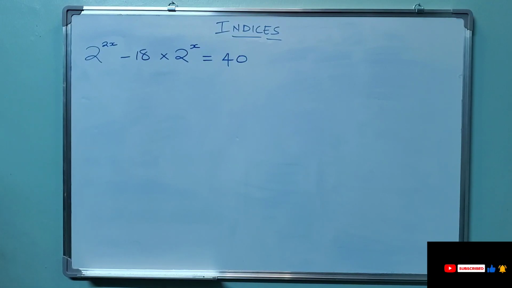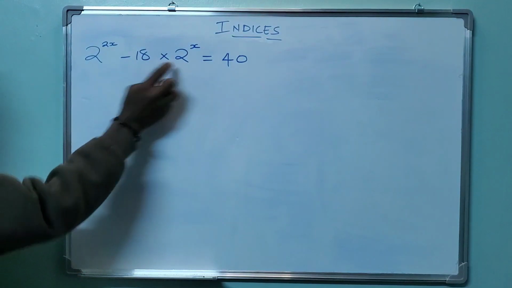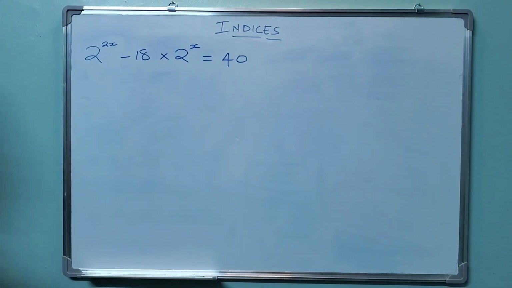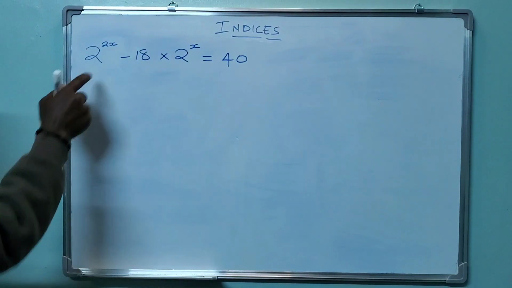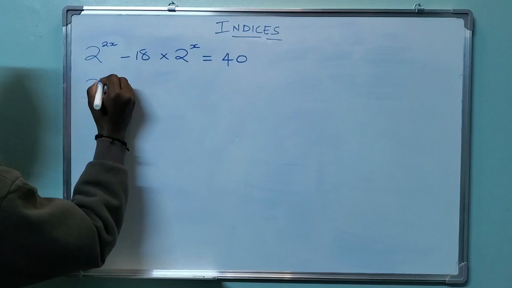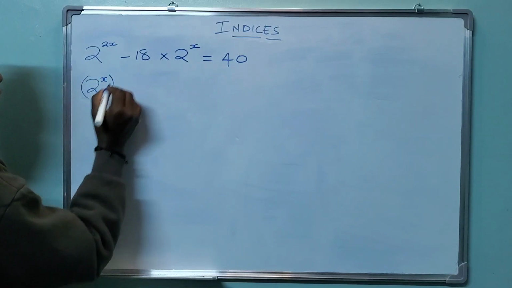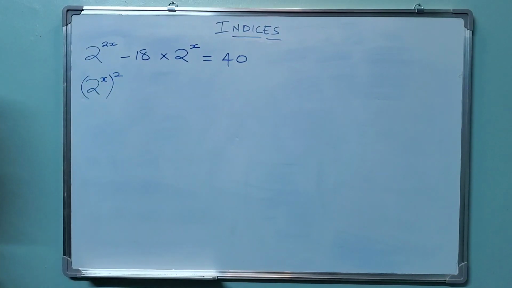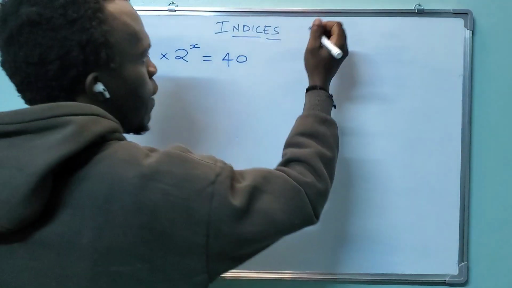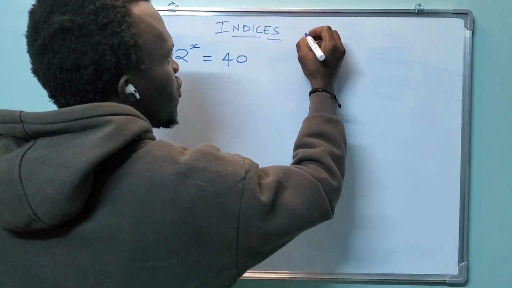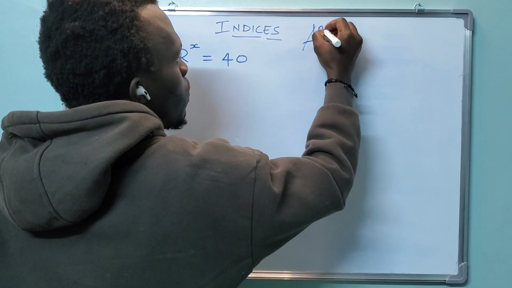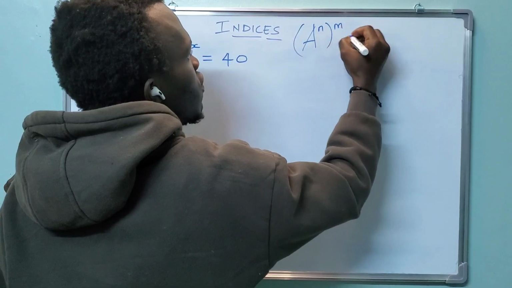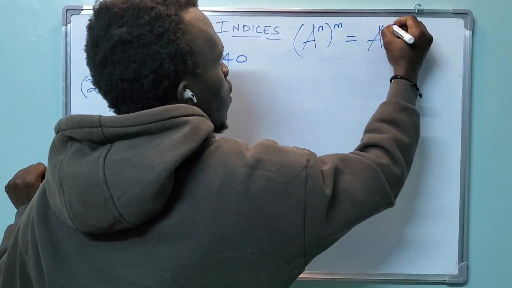Now, first of all, because this and this are almost similar. Why am I saying they are similar? Because this one can be written as 2 raised to power x, bracket, square. Remember that rule? The rule number 3, whereby we were saying that a raised to power nm is the same as a raised to power n, raised to power m.